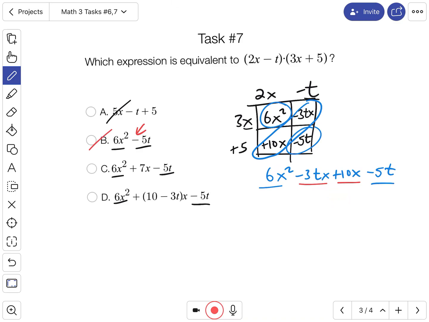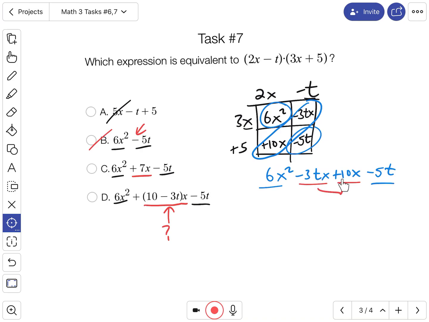So then the question is, are you going to get 7x from these two? Or are you going to get 10x minus 3tx there? Now this looks kind of weird, right? Why would you combine those two and make it a little more complicated? This one looks more complicated than this, but the question is, between these two, are you going to say that this and this give you 7x?